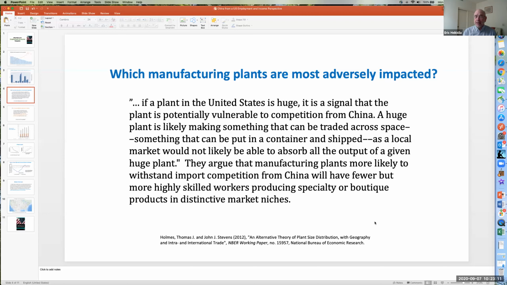So the key then is whether the US has high-skilled manufacturing plants that are involved in advanced-level processes that are more difficult for other countries to match, and that might therefore sustain higher wage rates for those who are employed.